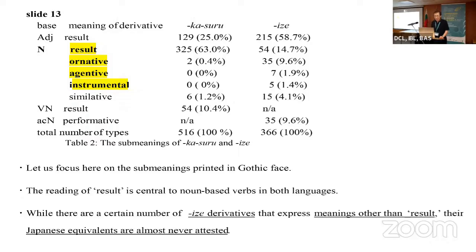While there are a certain number of -ize derivatives that express meaning other than result, their Japanese equivalents are almost never attested. Specifically, English has locative, adjunctive, and instrumental -ize verbs, whereas Japanese rarely has the corresponding verbs.